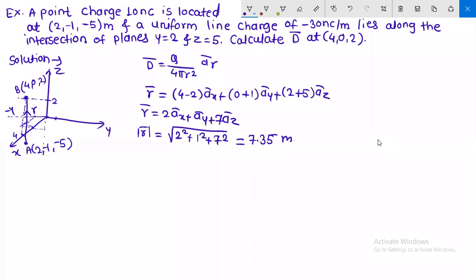Then find unit vector A bar R, which is equal to R bar divided by mod of R bar: 2 A bar X plus A bar Y plus 7 A bar Z divided by mod of R bar, which is 7.35.